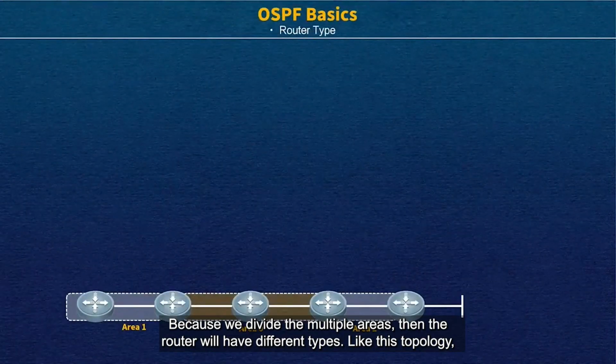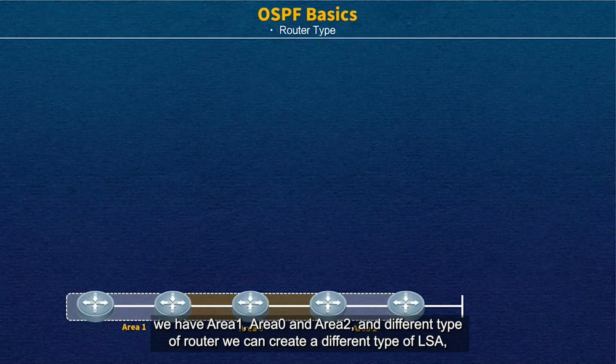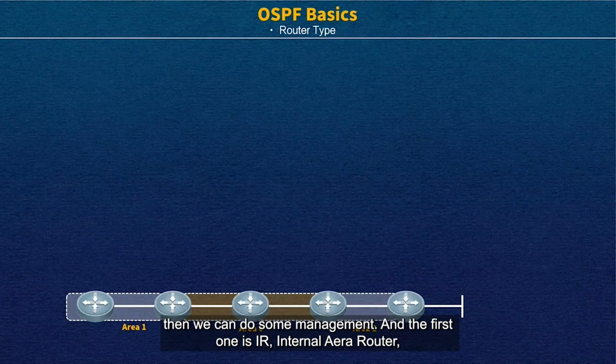Because we divide into multiple areas, the routers will have different types. Like in this topology, we have area 1, area 0, and area 2. For different types of routers, we can create different types of LSA, and then we can do some management. The first one is the IR, internal area router.